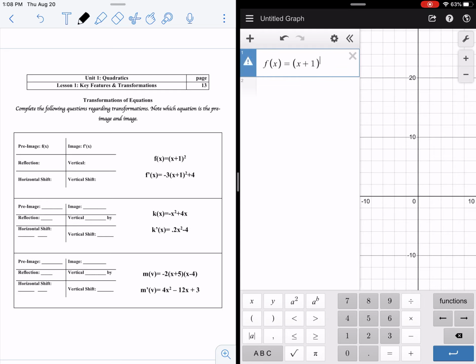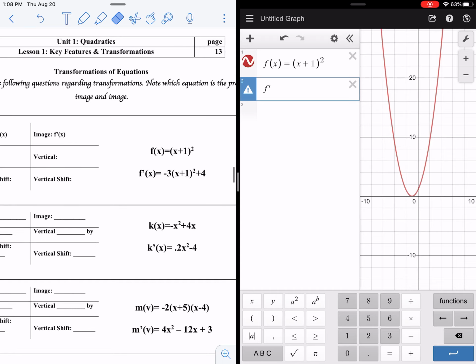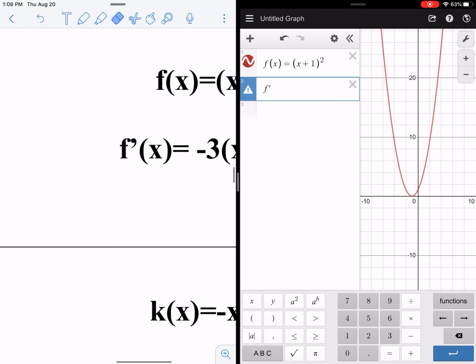Again, type everything as you see it. I have f of x is equal to (x plus 1) squared. Then I have f prime. What this apostrophe means, really quick: it just means prime, or the image.